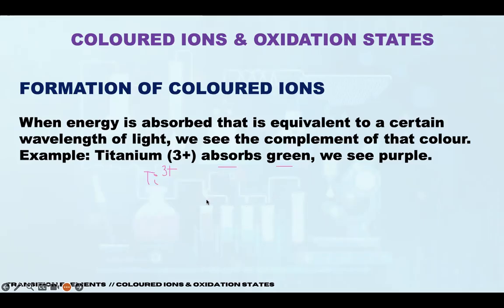So say you have your solution, you have your little flask with your titanium ions in it, Ti3+ in it. Then it absorbs energy. So that's your delta E is equal to h v, right?